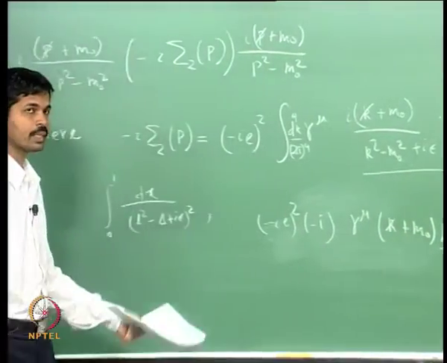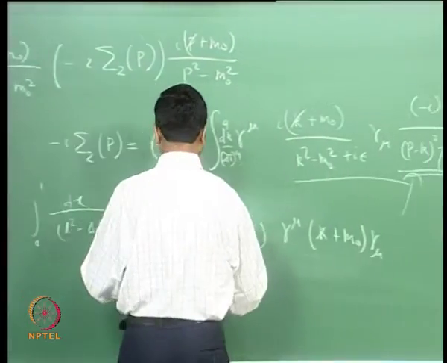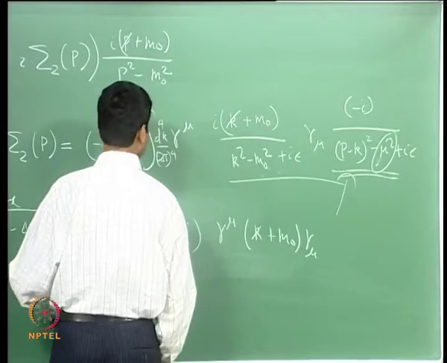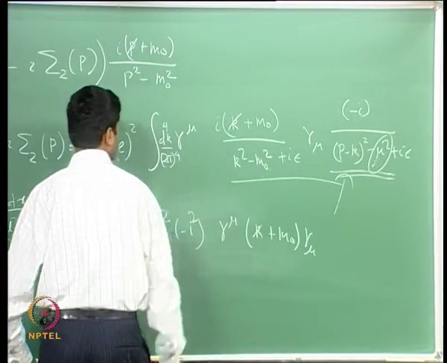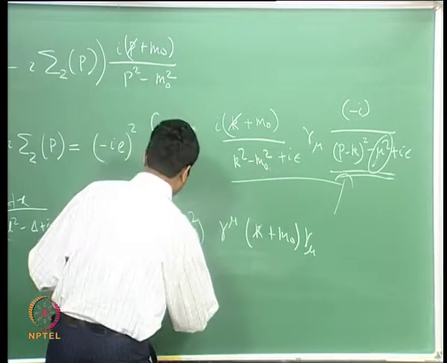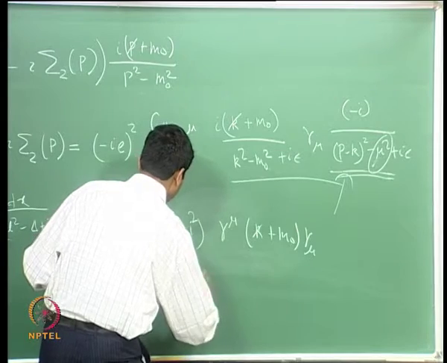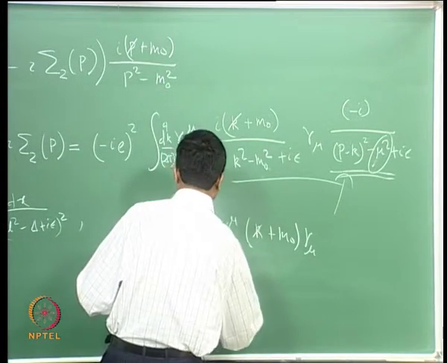We can simplify this, it is utterly straightforward, and you can see that there is another minus i here. So, what I have is minus i square, and totally you get minus e square and gamma mu.